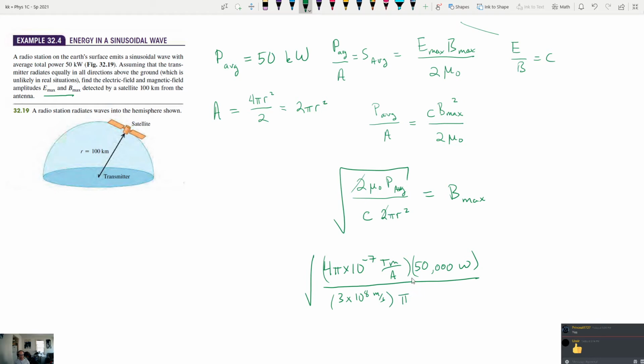R is 100 kilometers, so that's 100,000 meters. This is squared. All of that should give us the value of the maximum quantity of the magnetic field that will be detected by the satellite.